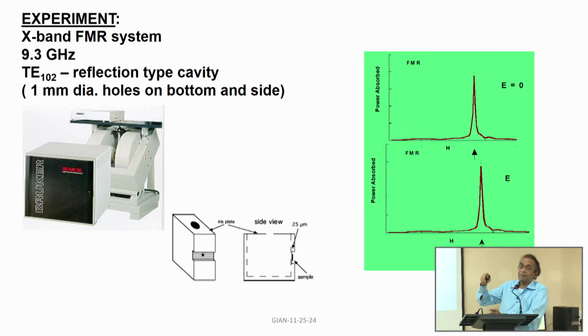In the cavity, you excite standing waves, you store electromagnetic energy, right? Then you put a sample in the middle of this cavity, and the frequency is constant, you scan the field. So when there is resonance, there is transfer of power from the microwave radiation to the sample. You see the spike. So what actually happens is, under resonance, the cavity Q will decrease, so it will reflect more power.